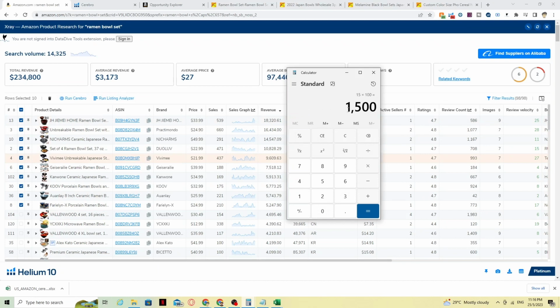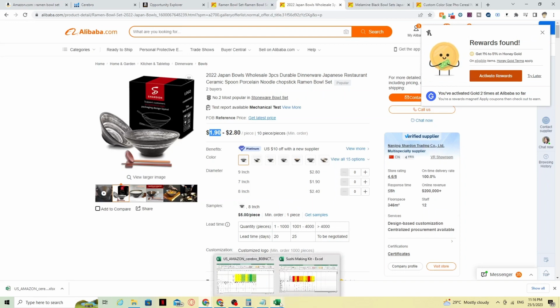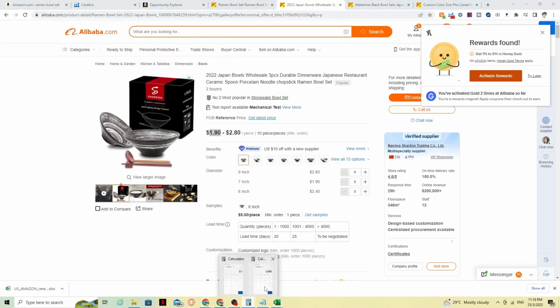So this is my first order, 1.5k. So if I'm buying 1.5k, definitely I won't be reaching $2.80, right? Maybe closer to 1.90. So let's say $2 as our initial price. Okay, calculator.